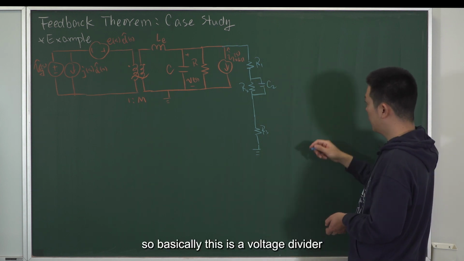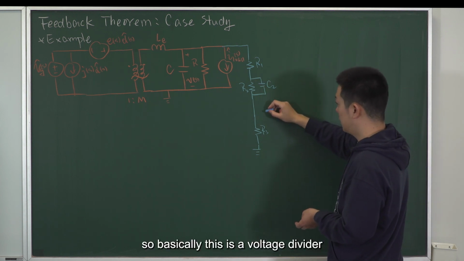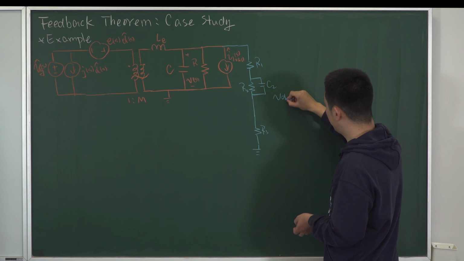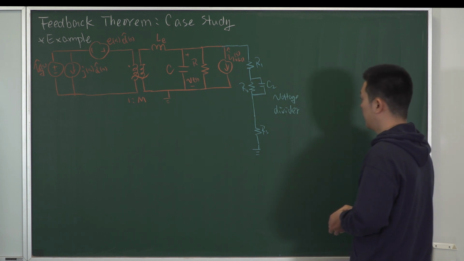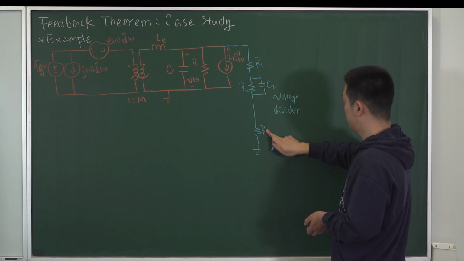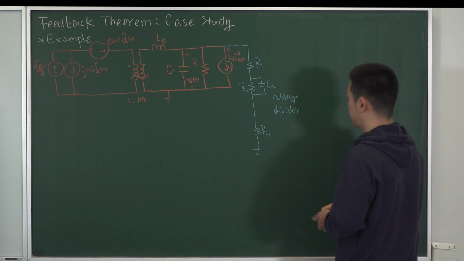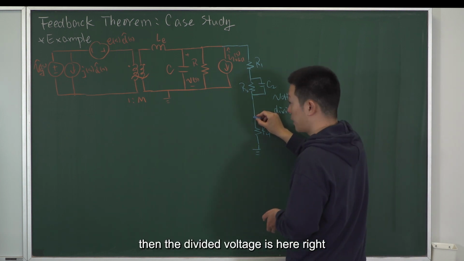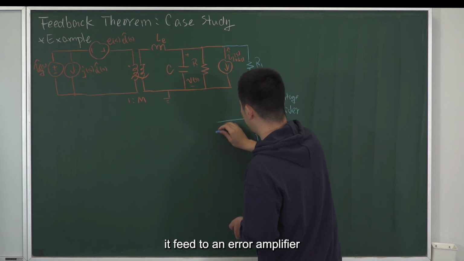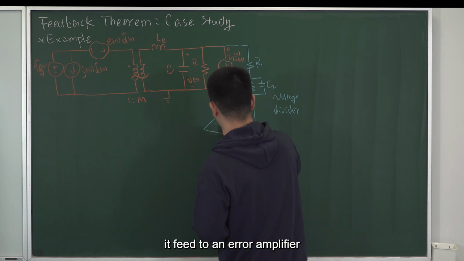So basically, this is a voltage divider, and R4. Then the divided voltage is fed to an error amplifier.